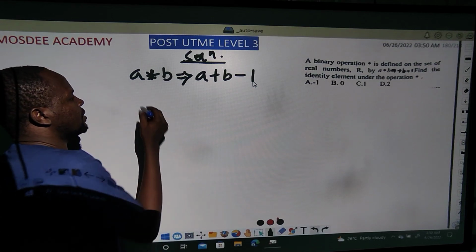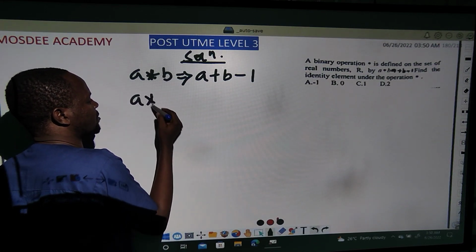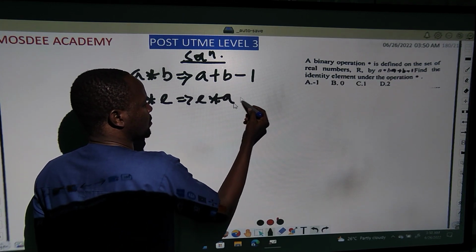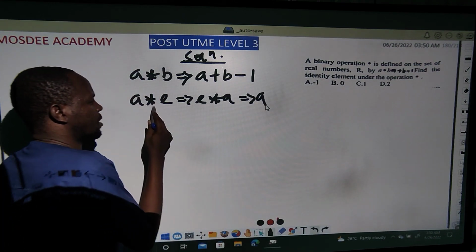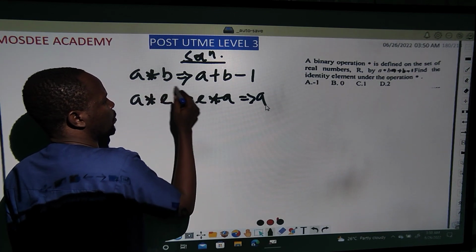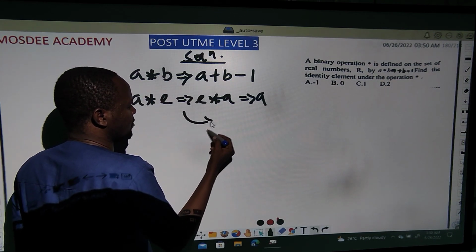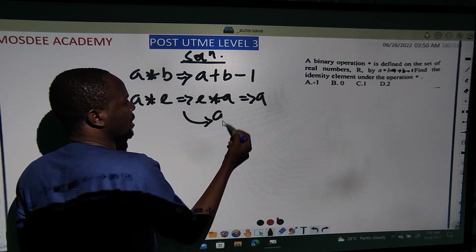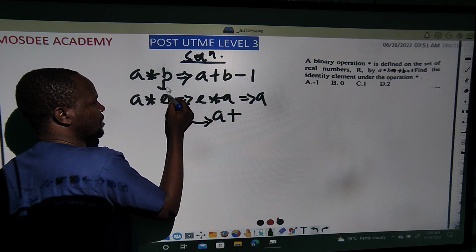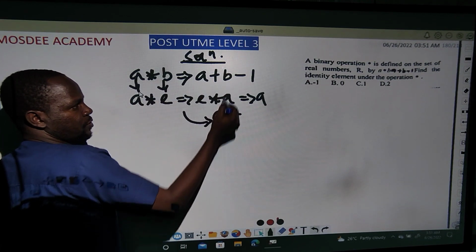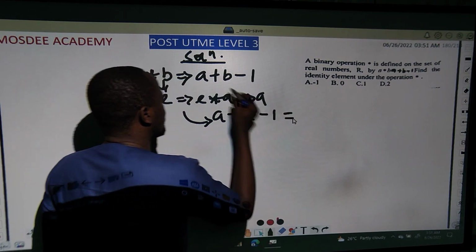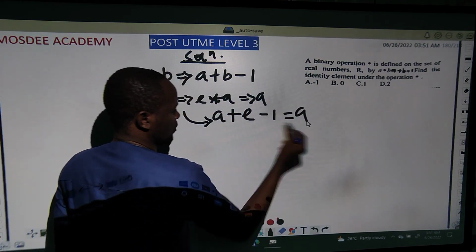The identity element is written as A asterisk E is equal to E asterisk A, which is equal to A. What we are saying is you can write A as A and B as E. So here the operation is defined as A plus B; substituting, A is A, B is E, minus 1 must be equal to A. So this is what I'm solving.